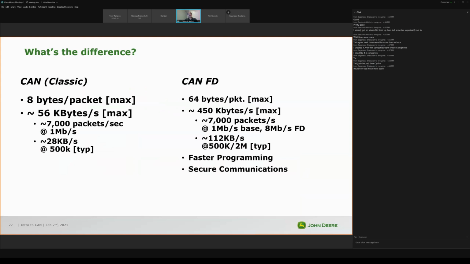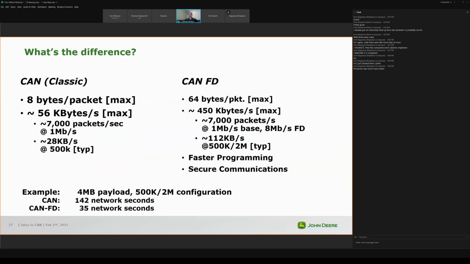If I take the same thing and go to 64 bytes, I have 8 times the data that I'm sending with one header, which means I'm gaining 7 times the data. So you can send 4 megabytes in 35 seconds compared to CAN Classic at 142 seconds. That's a huge difference.